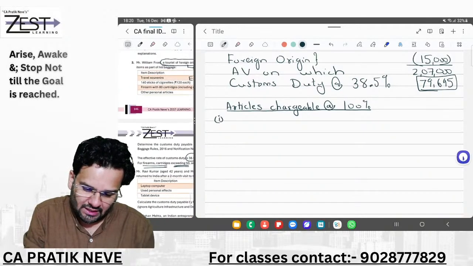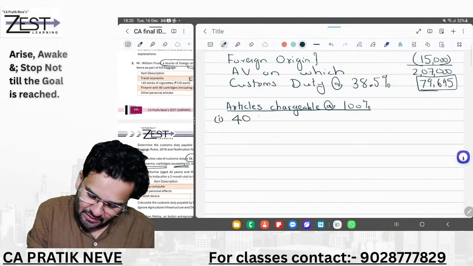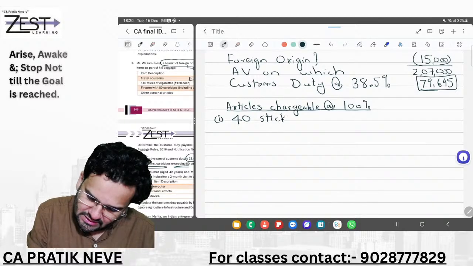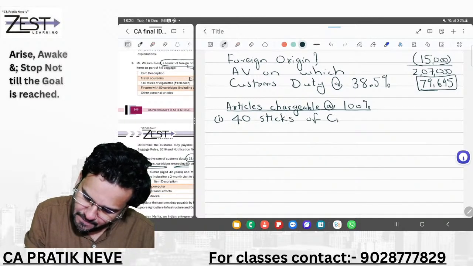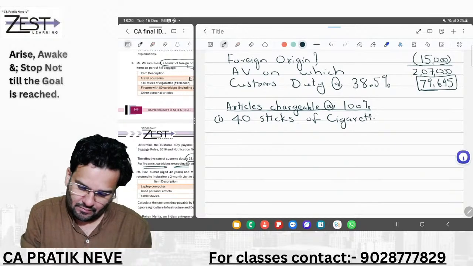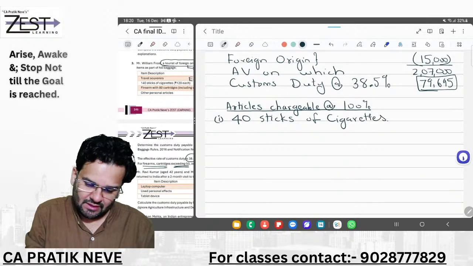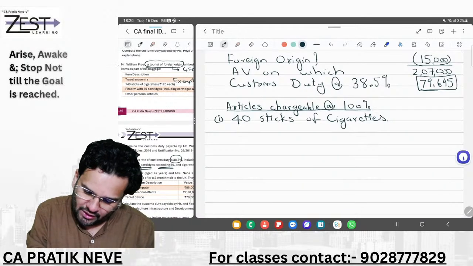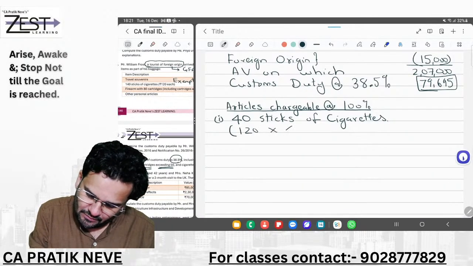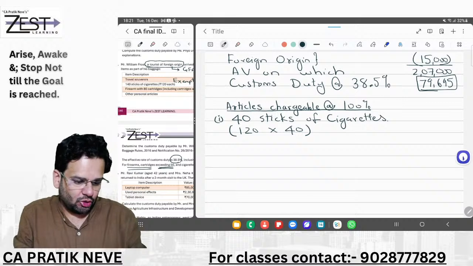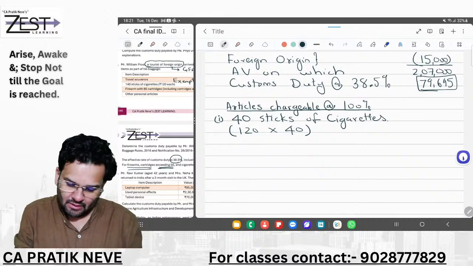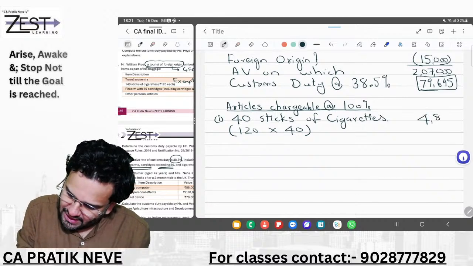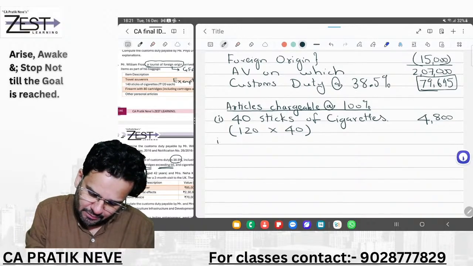So 40 sticks of cigarettes. So it is at 120 each. So 120 into 40, 4,800.